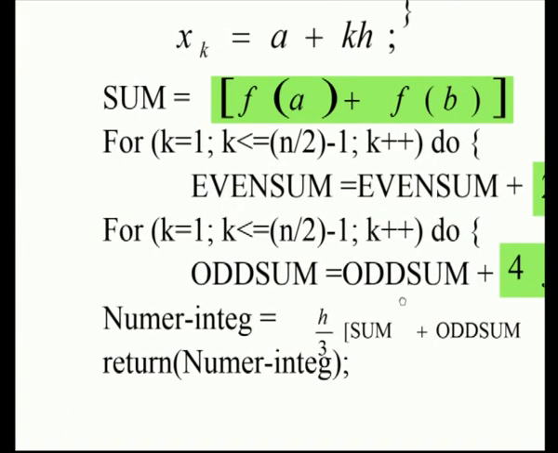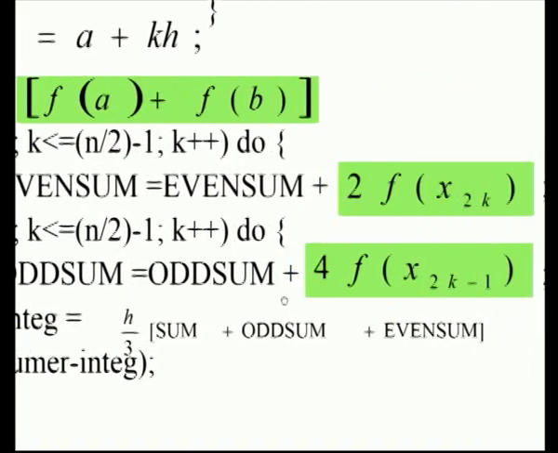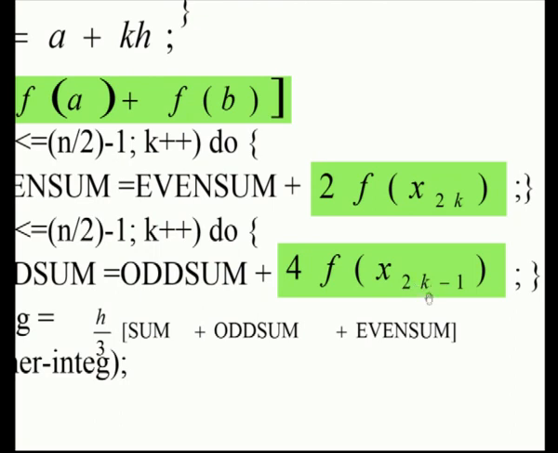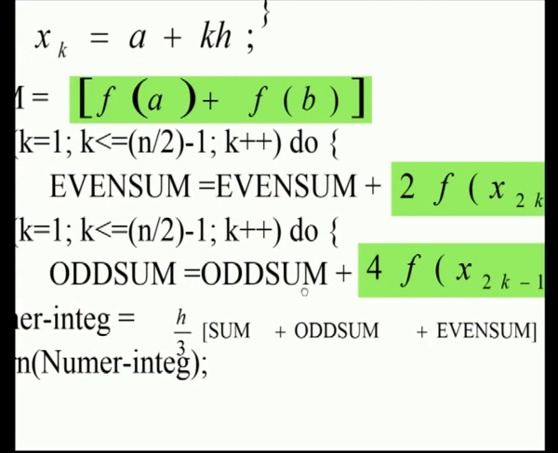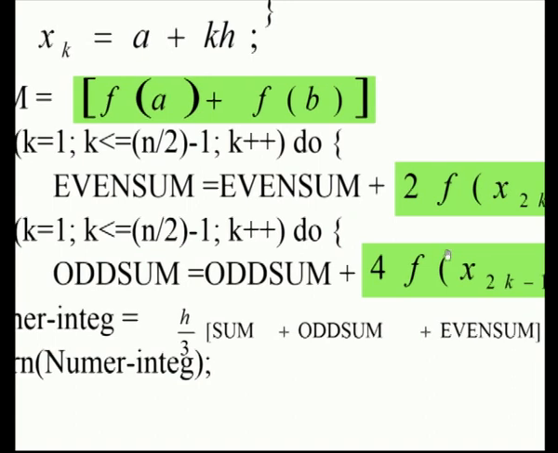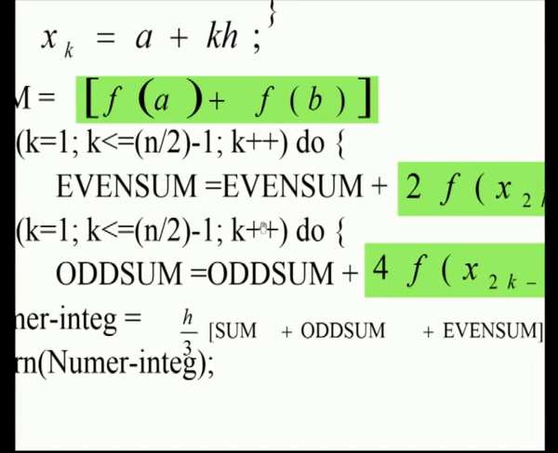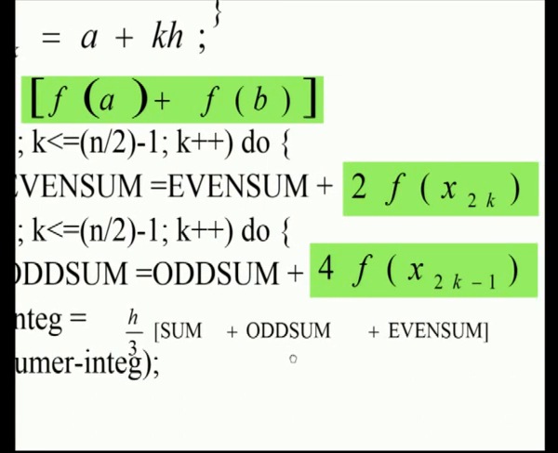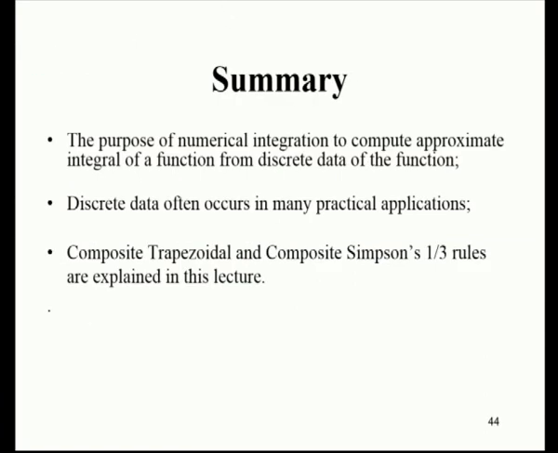Similarly, you have the odd sum: the function value evaluated at odd nodal points multiplied by 4, and that is updated in the odd sum, which is also initialized as 0. So you calculate the function values at the odd nodal points, and finally the sum plus the odd sum and the even sum will give you the result.